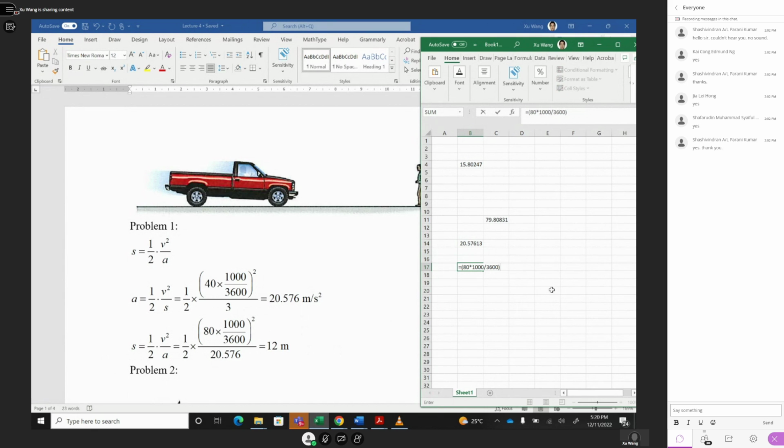The velocity is squared, and velocity squared is divided by 2 first. Or if you don't want to divide 2 times, you can use brackets. And use this 20.5, then enter, and it should give you the result. It is 12 meter. So this stop distance will be 12 meter, straight away, and then you check your results.